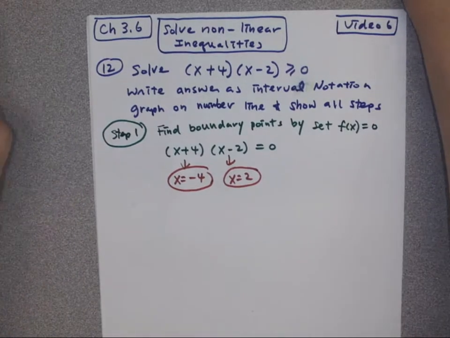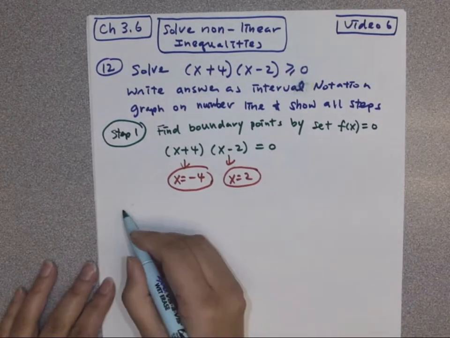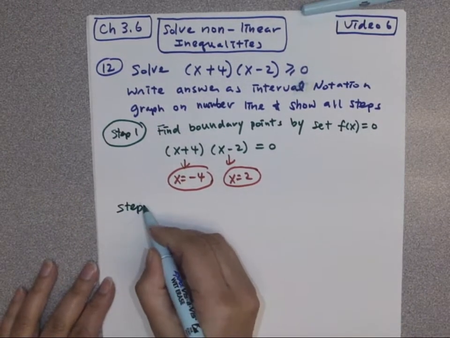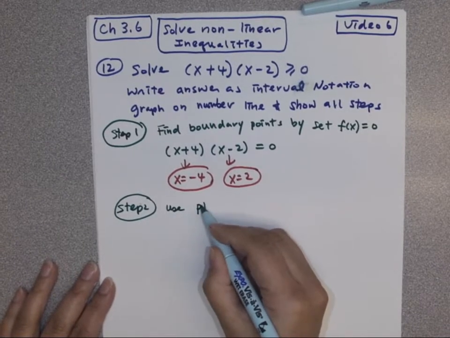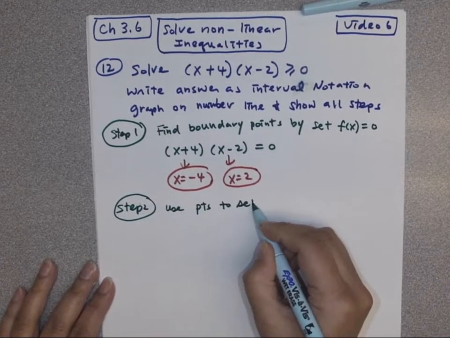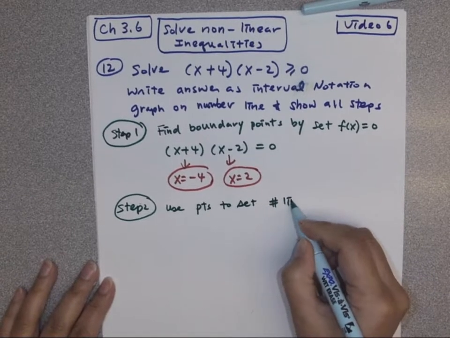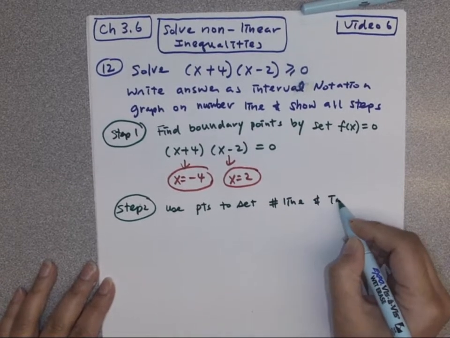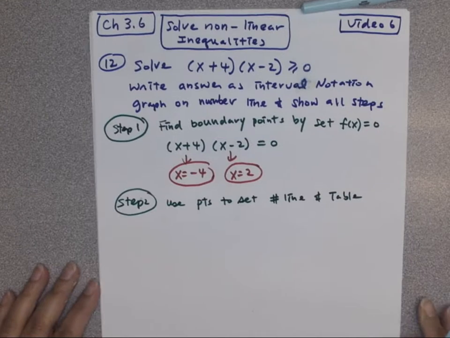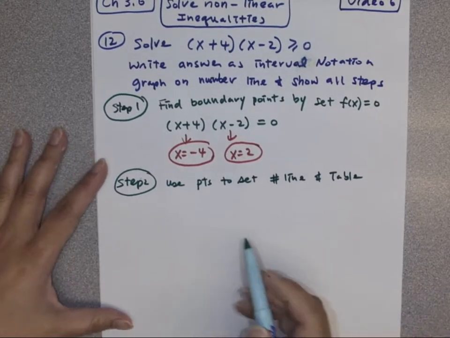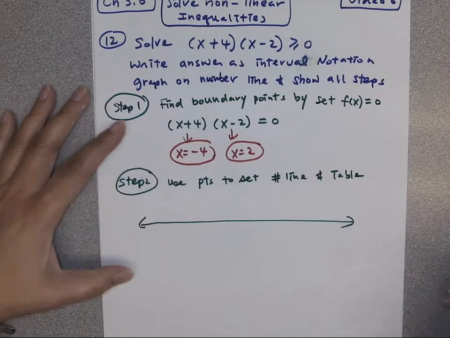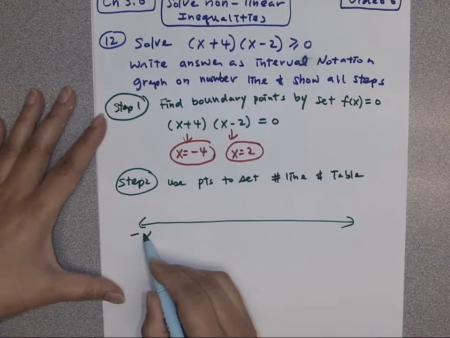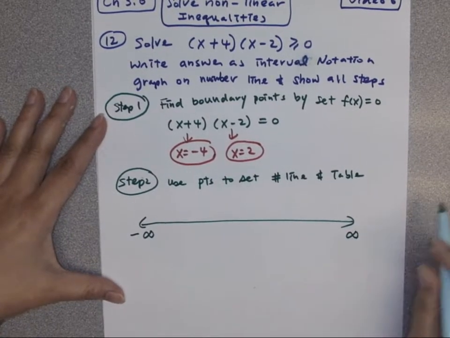And then using them, your second step will be to use the points to set up a number line and table. So we can use that to solve. This one just happened to have the first number small, but you need to think of it as from negative infinity to positive infinity.